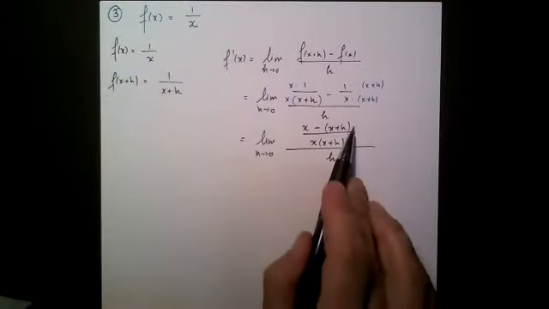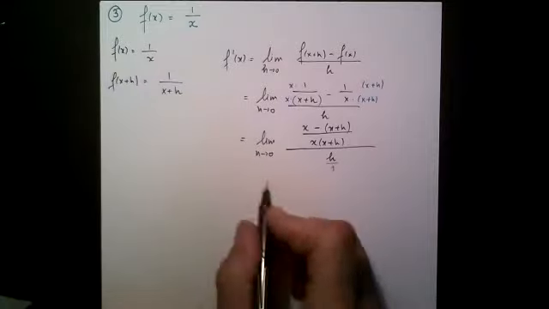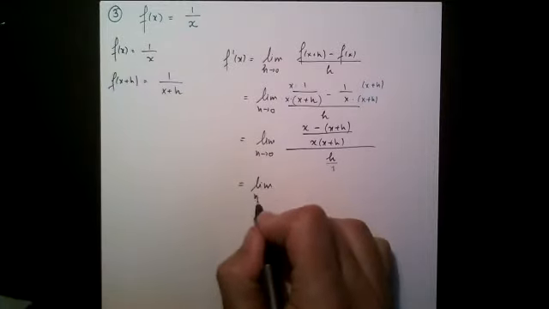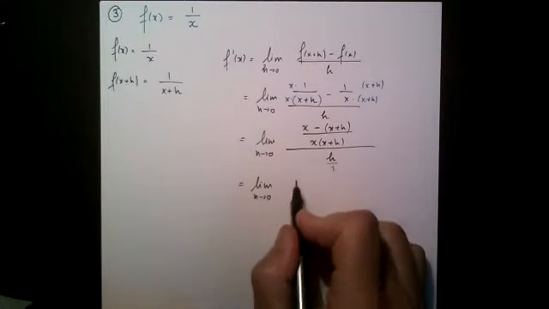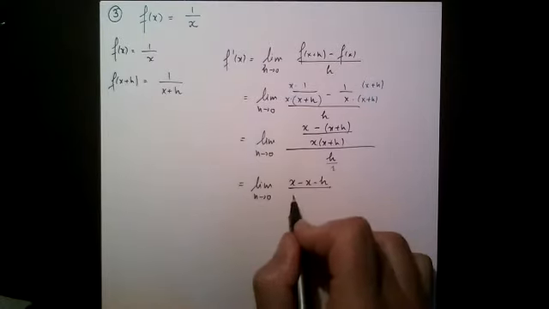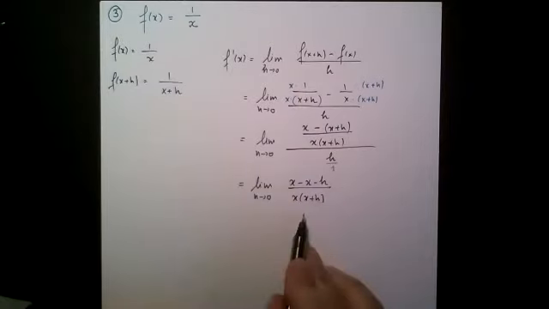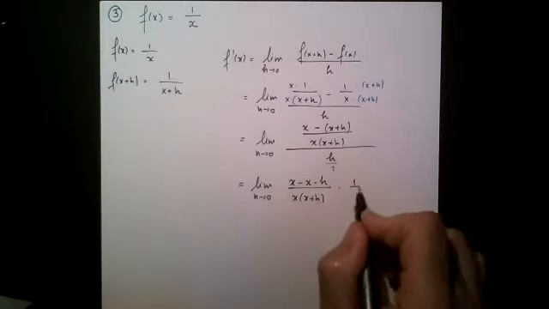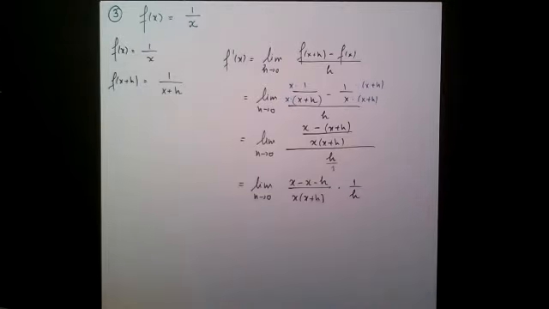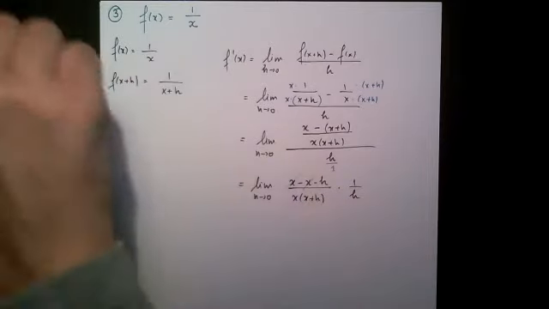Okay, so now I have a fraction divided by a fraction. Limit h approaches 0. So the top fraction is what? x minus (x plus h) over x times (x plus h), divided by h over 1, or just times 1 over h. Okay, that's how you divide fractions, right? x minus x is out.